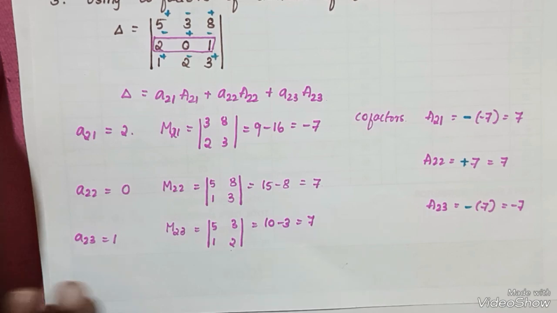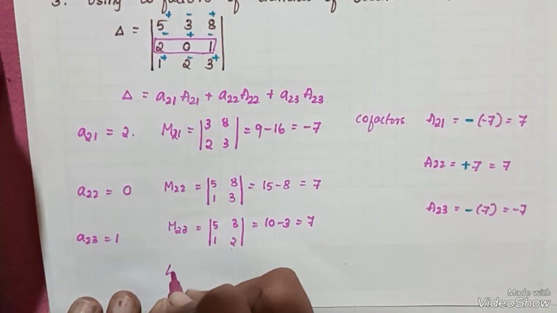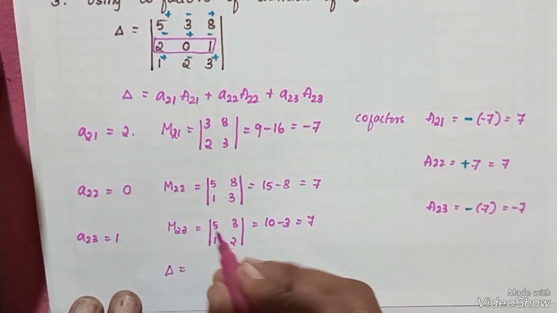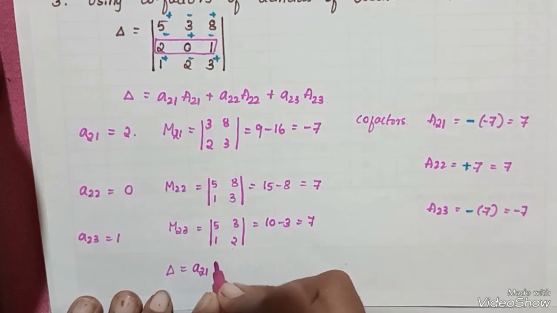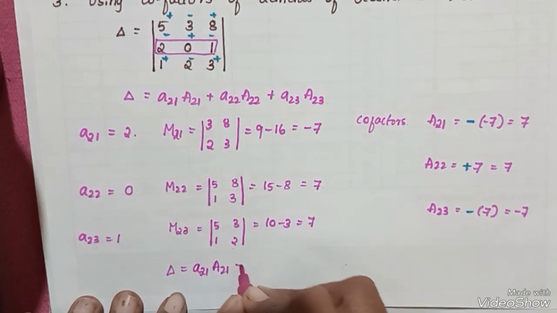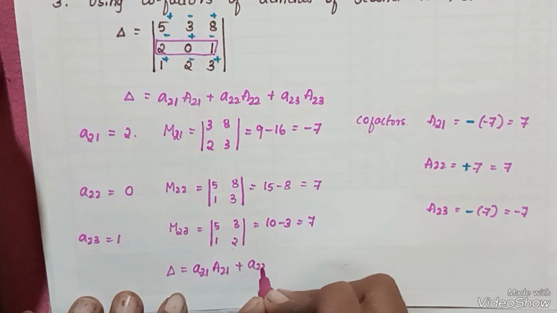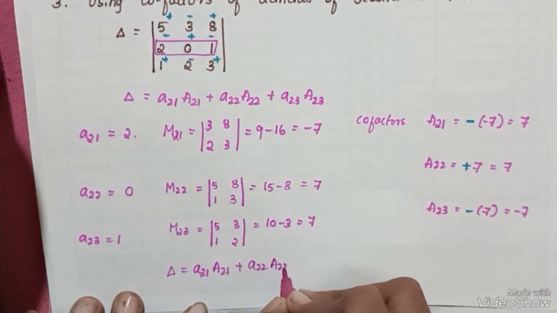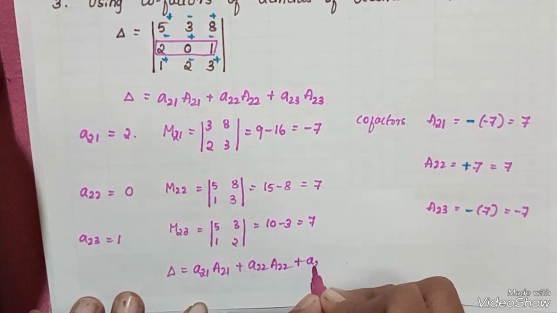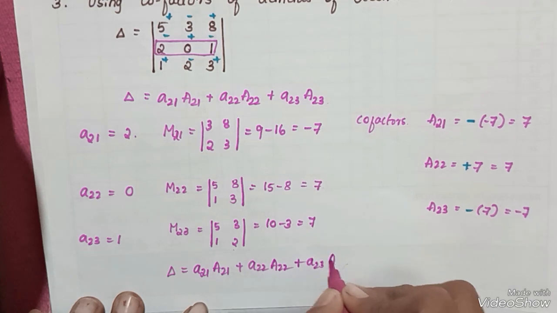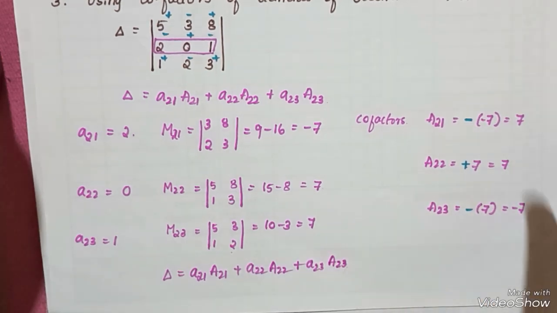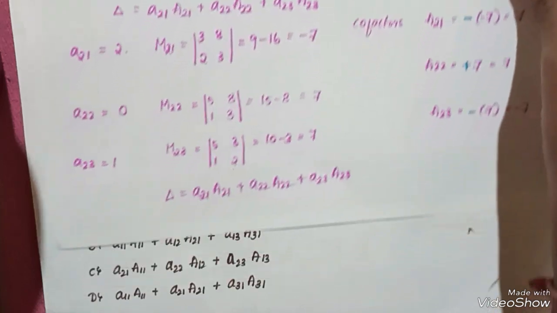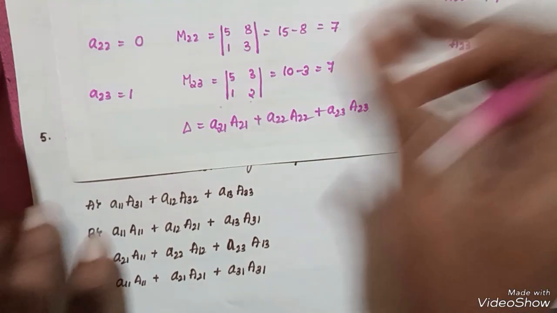Here, substitute the values. Delta is equal to A21, the element 2 2 with cofactor 2 2, and element 2 3 with cofactor 2 3. Then substitute values here.